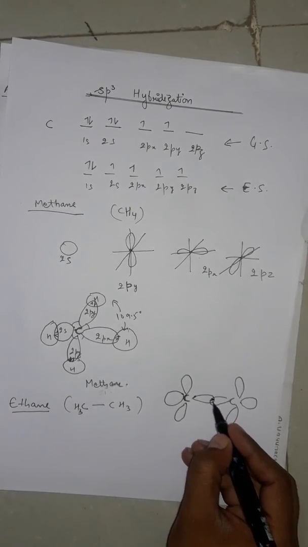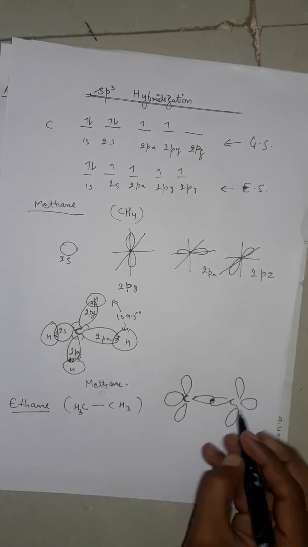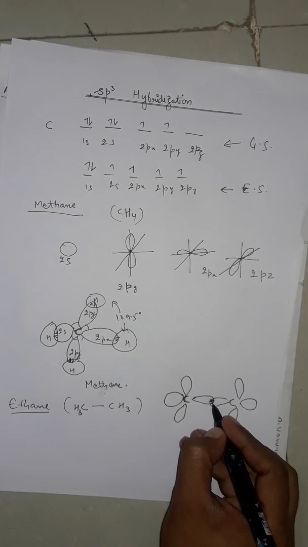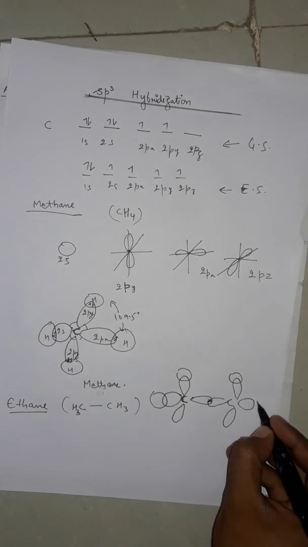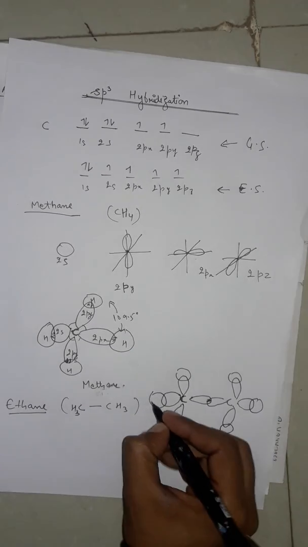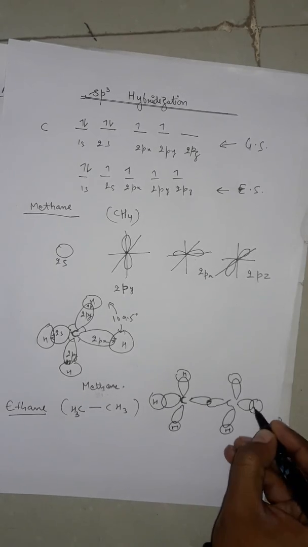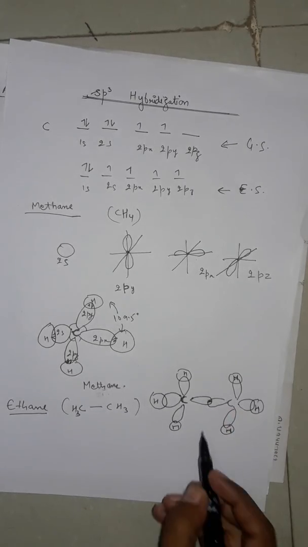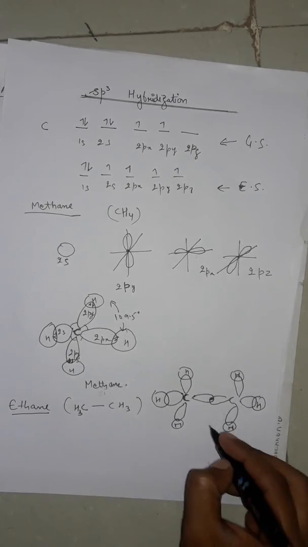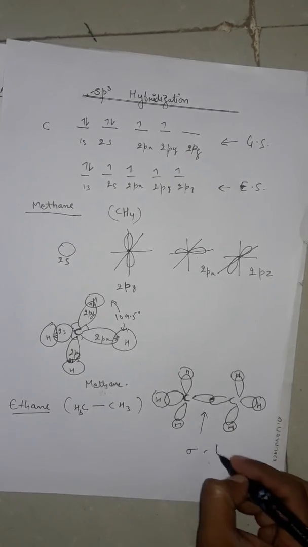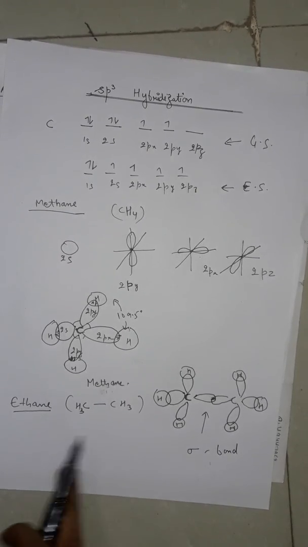This p orbital is overlapping with this p orbital, so there have been 2 electrons. This will make bond with hydrogen here, here, and here. So you can clearly see that all the bonds are sigma bonds. Here also there is a sigma bond. So you can clearly see the structure of ethane.